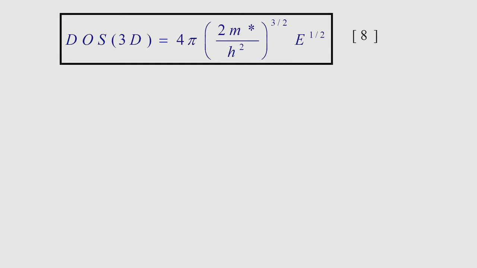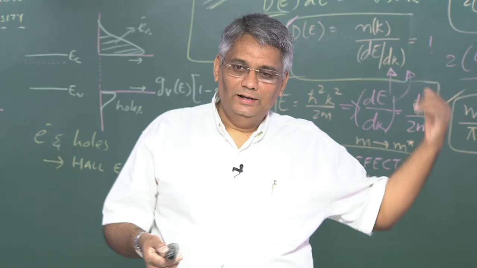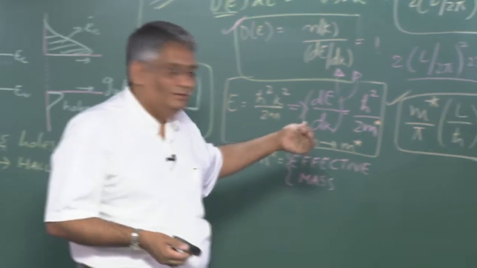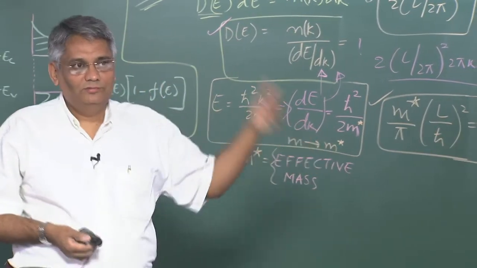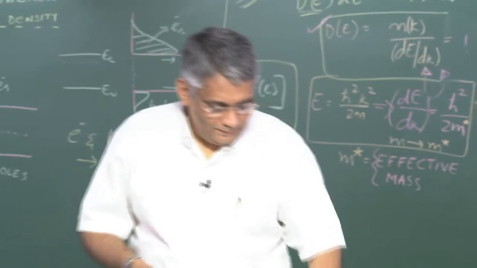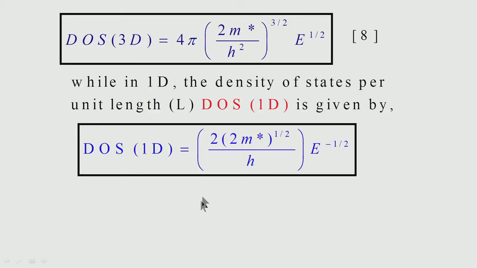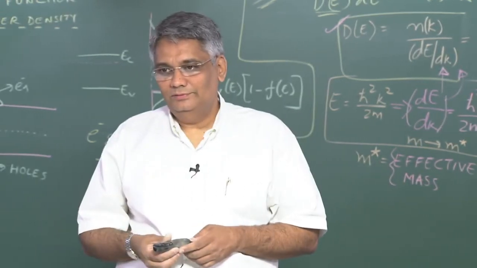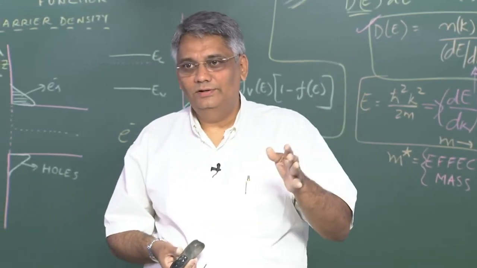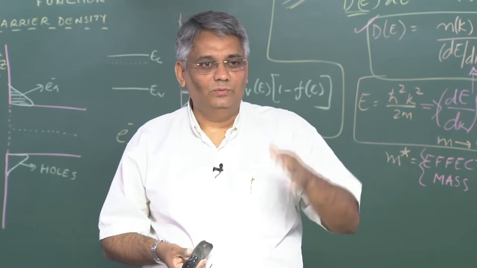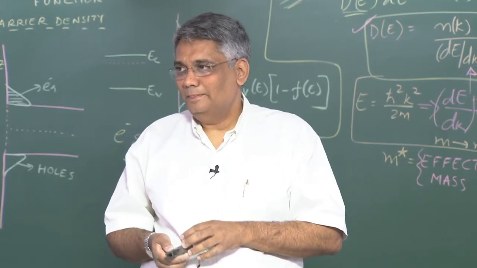For the three-dimensional case, the density of states goes as root of E, and this is the equation for the two-dimensional case. For the one-dimensional case, the density of states varies as 1 by root of E. For the 3D case, it's root of E. For the one-dimensional case, it goes as 1 by root of E.